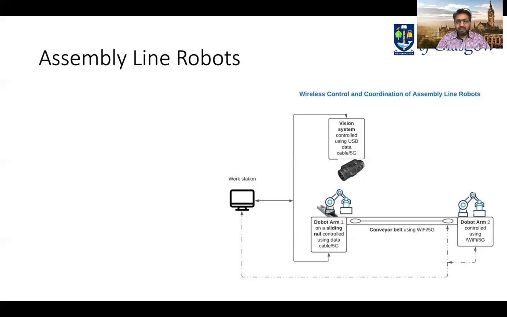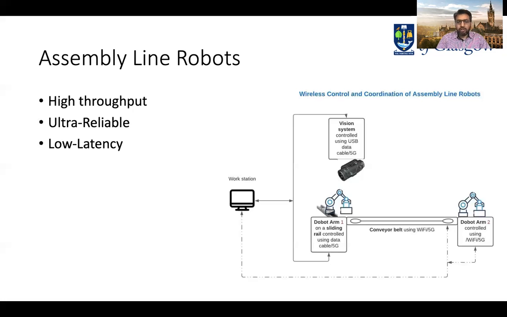So the operator has real-time vision and real-time video from the robot, so they can operate accurately and pick up the object accurately and put it on the conveyor belt. In this case, we need high throughput for the camera to send accurate video in very good detail.